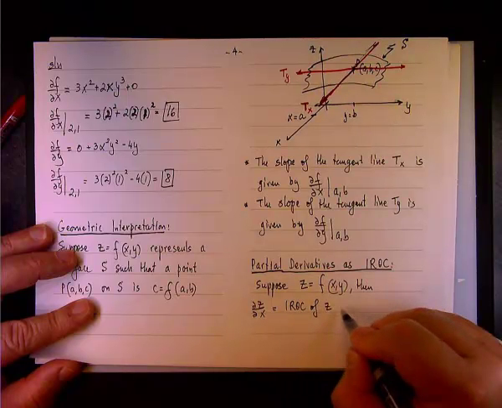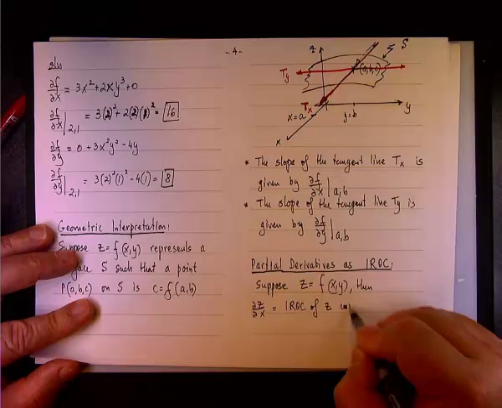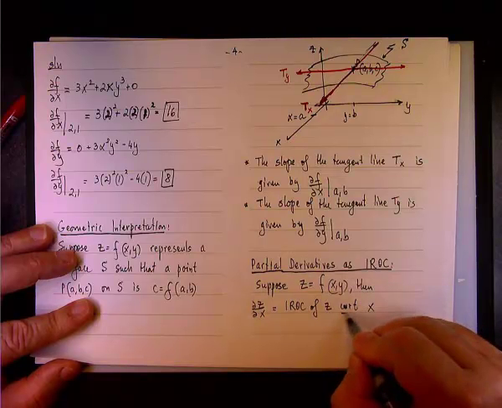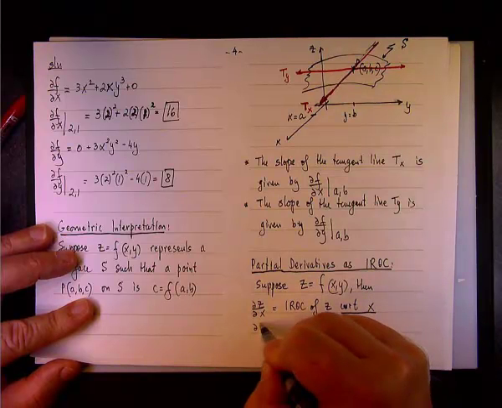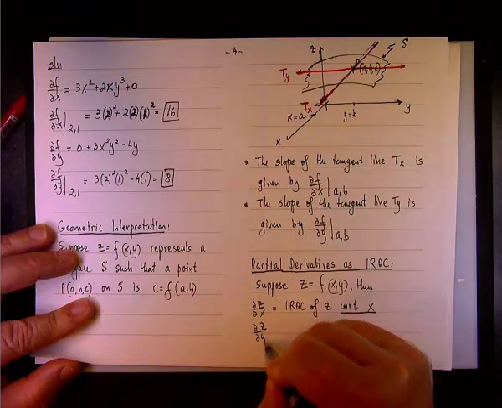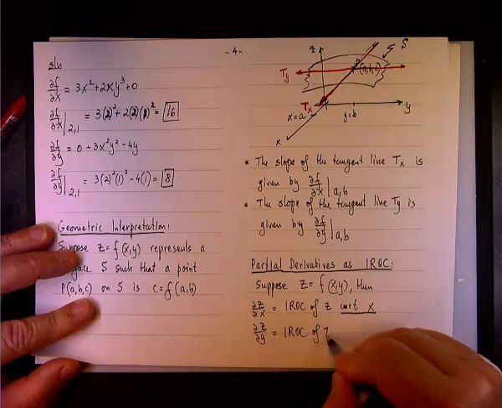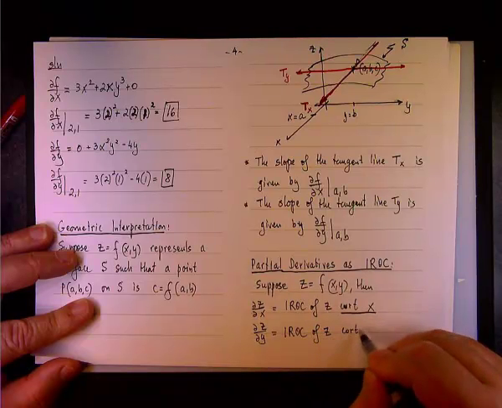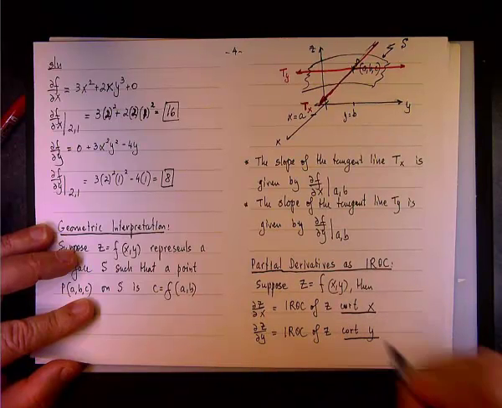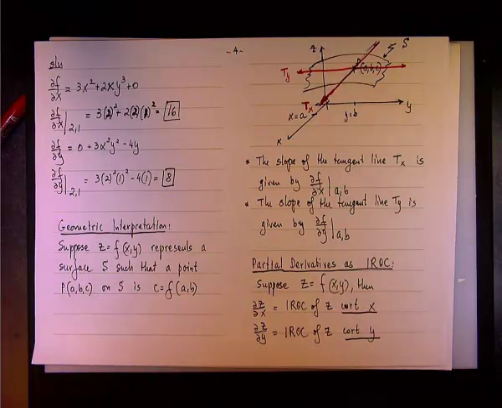del z del x equals the instantaneous rate of change of z with respect to x, and del z del y will be the same thing with respect to y.